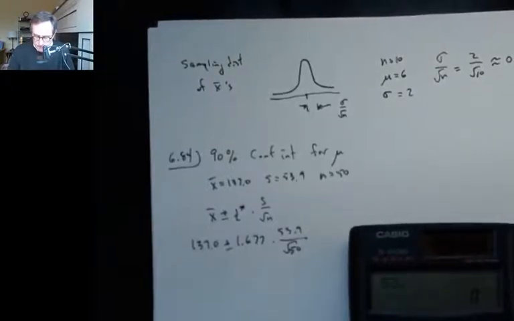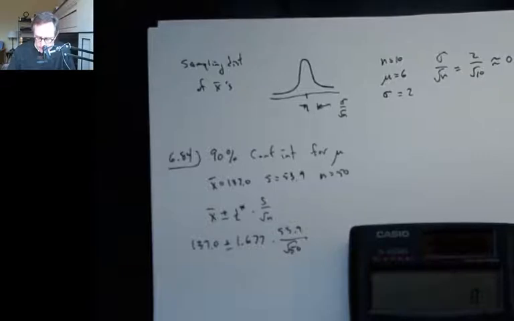Okay, so let's see, 53.9. I keep saying nobody in the room. There's no room. It's a little weird, isn't it? Divided by the square root of 50 equals, multiply times 1.677 equals, oh, I said 1.67. I better do the whole thing again.